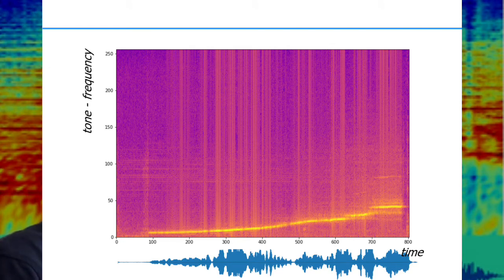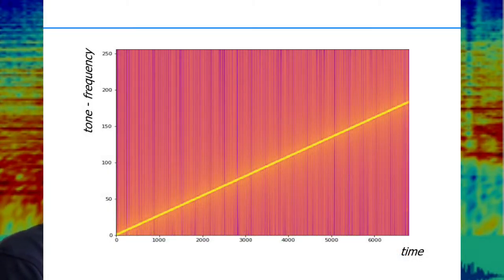Horizontal time, vertical tone or frequency, and the color represent intensity or amplitude of a certain frequency at a particular point in time. Any idea now? Probably you do. Now let us listen to this signal. I think you can easily correlate what you see in the spectrogram with what you hear, a whistle with increasing frequency. Here's another frequency sweep and its visualization as a spectrogram.